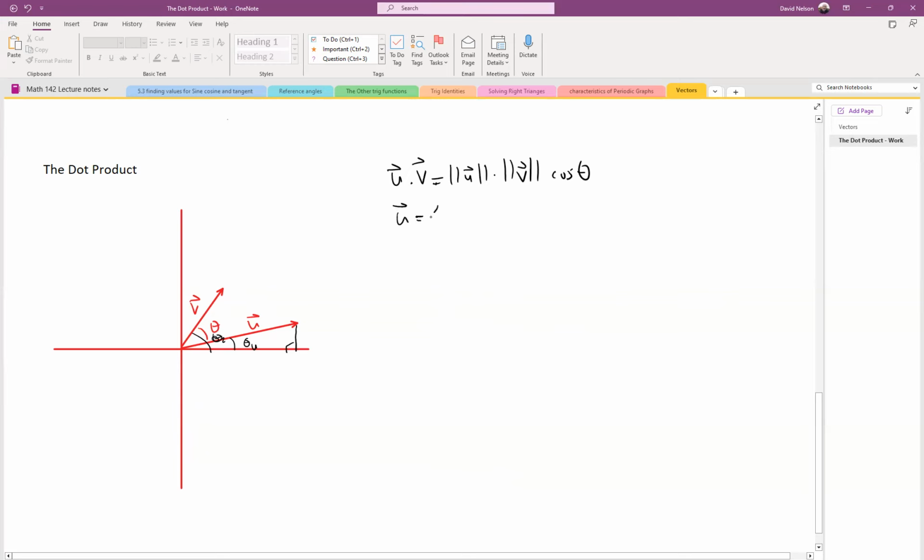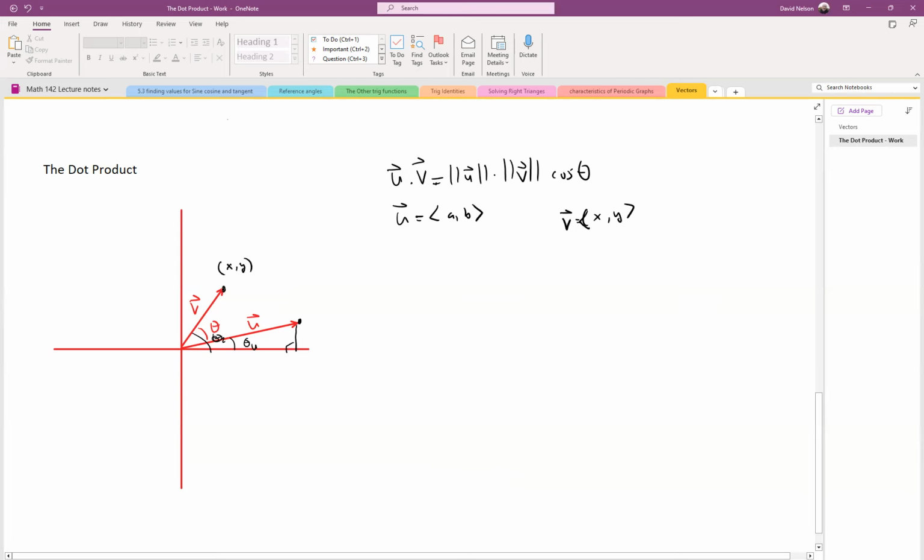So let's suppose that u is the vector ab, and v is the vector xy in component form. If we have our vectors in component form, it's a little bit easier. There's an easier way to find the dot product instead of working out all the magnitudes. And let's look at that. So v, I said, was xy.